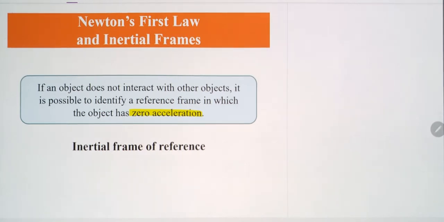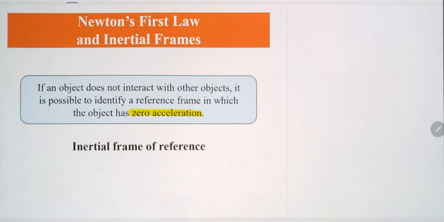If you have any kind of acceleration, then in the inertial frame of reference, you cannot apply the laws of physics as we know them, the Newton's laws of physics, if you don't have an inertial frame of reference.